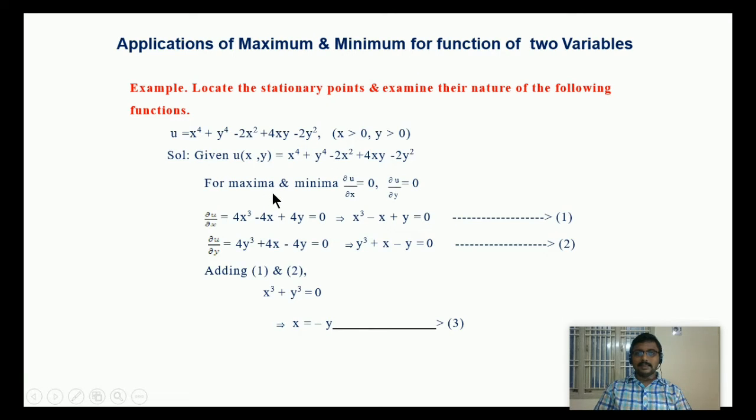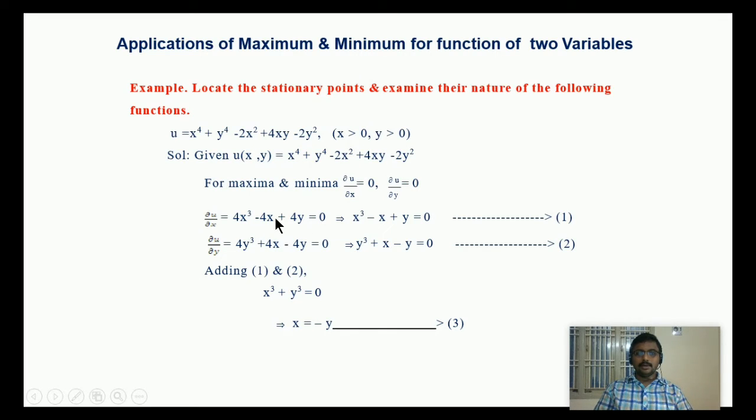Now for max or min, we just have to compute the two partial derivatives, that is dou u by dou x, which is obtained by differentiating u partially with respect to x, and dou u by dou y, which is obtained by differentiating u partially with respect to y, and both are equated to 0.